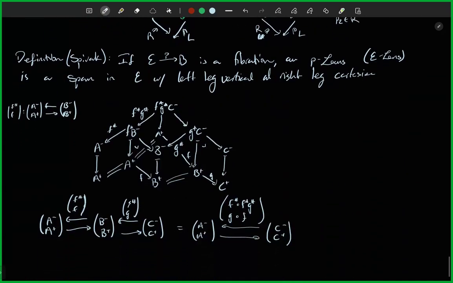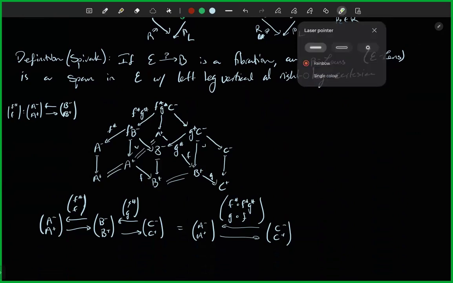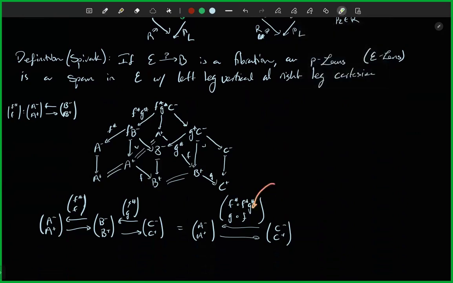But technically, if you do it from the indexed category point of view, you actually get an extra little thing in here, which corresponds to the fact that it has to be a G after F star, for the correct domains, if you do it in the Grothendieck construction. So yeah, you have to smuggle in your coherences somewhere.